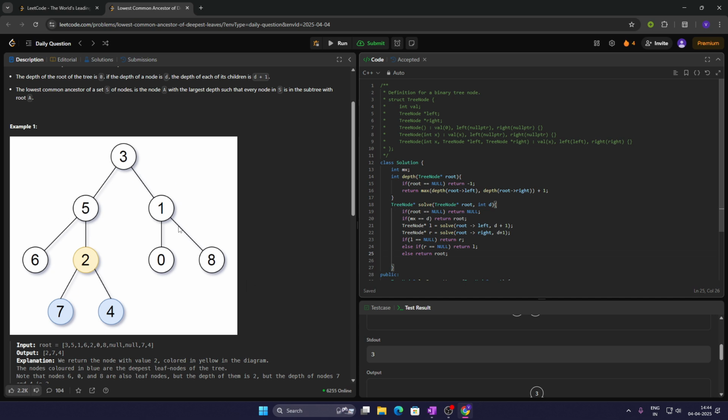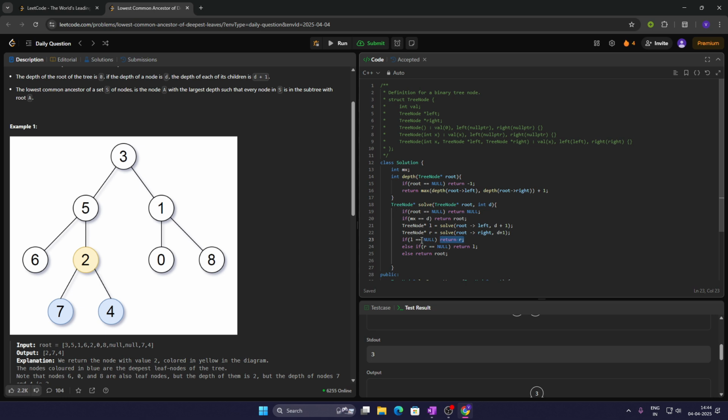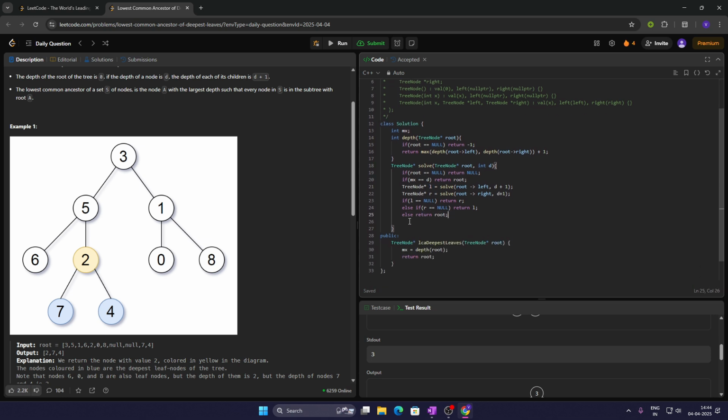See here, if the left subpart is null, then we will return the right subpart here. Similarly, if both are not null, then we are returning its value, right? If the left value is not null and the right value is also not null, then we will return its root here.